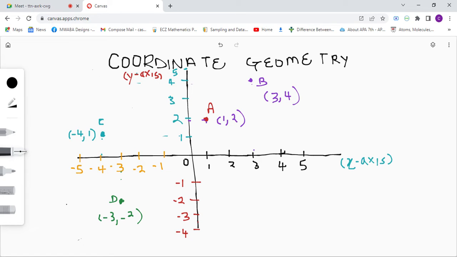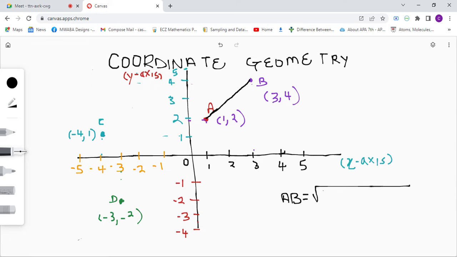So the formula that you must remember is, let's say for example for point AB, our line is going to be like this. We're going to connect A and B, so we'll call that line AB because we've connected them.